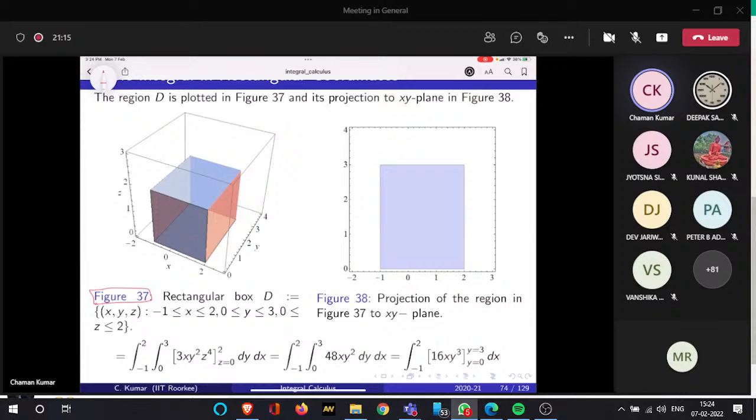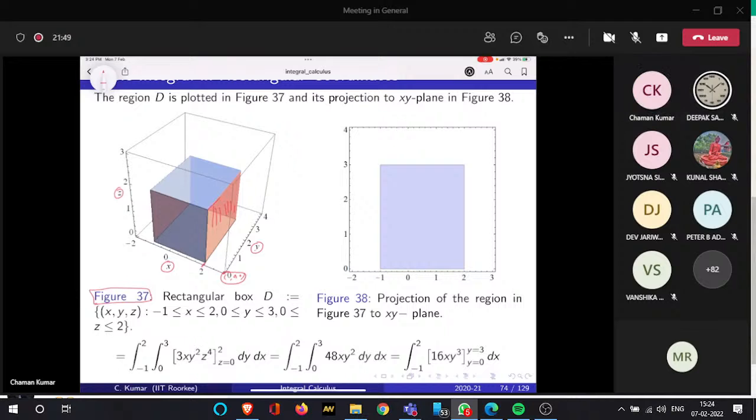So here you have the origin 0, 0, 0. This is the x-axis, this is the y-axis, and this is the z-axis. And this point is 0, 0, 0. This is x is equal to 2. So on x is equal to 2, you have this plane.